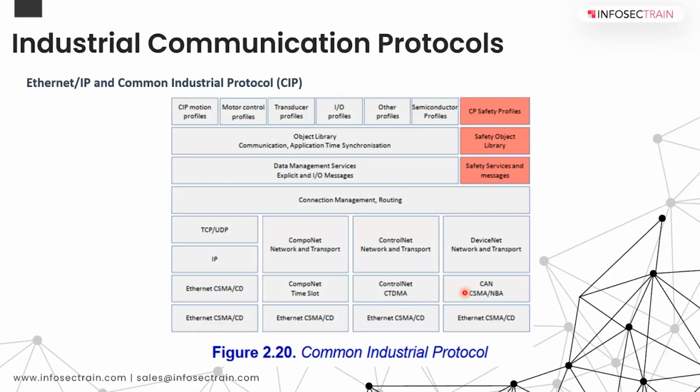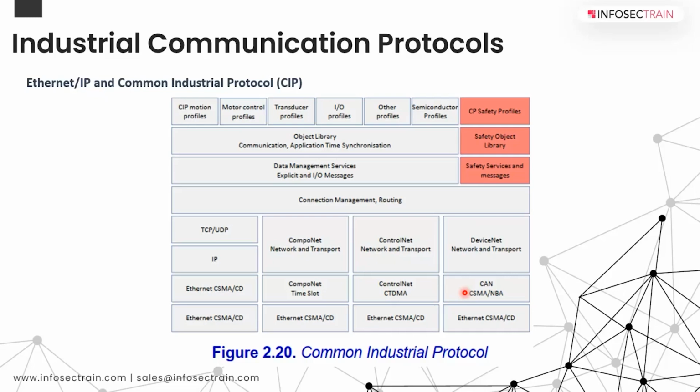So CIP basically includes a set of services and messages for control, security, synchronization, and also helps in configuration of the information that is being transmitted and so on. This can be integrated into Ethernet networks and the internet.